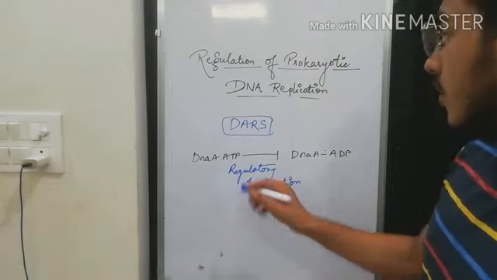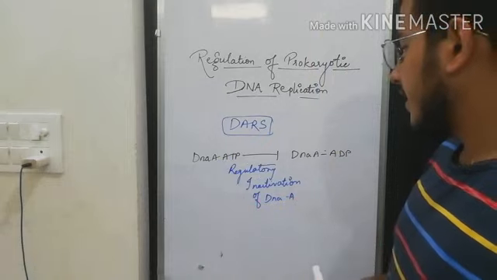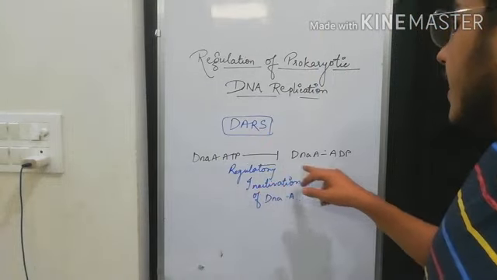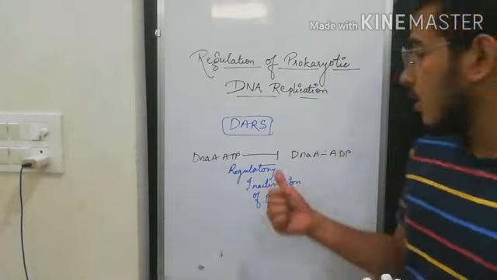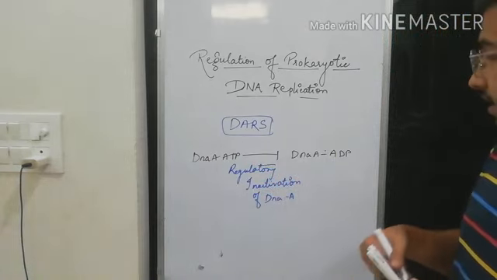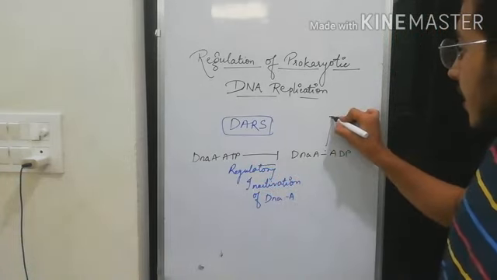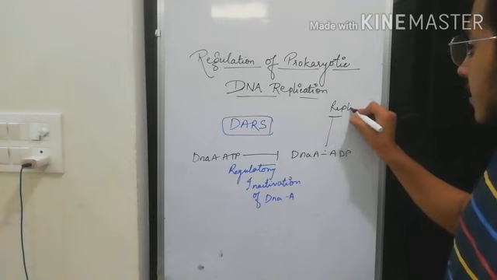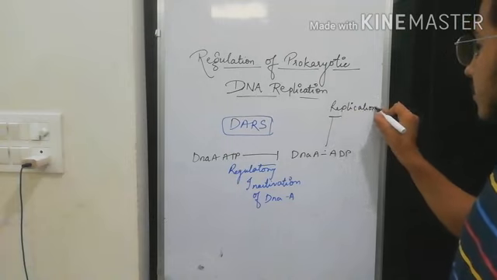Okay, so in the presence of RIDA, this DnaA-ATP was inactivated to DnaA-ADP, and thus this will inhibit replication.